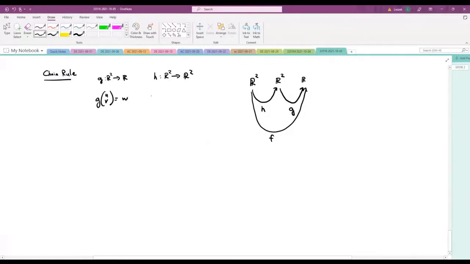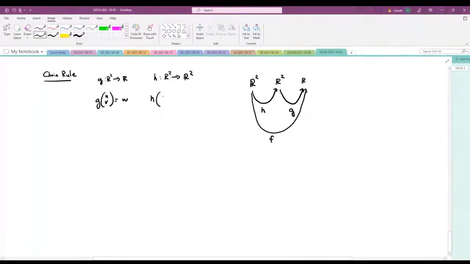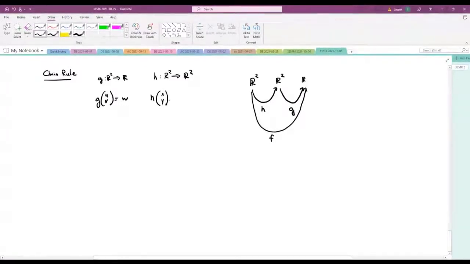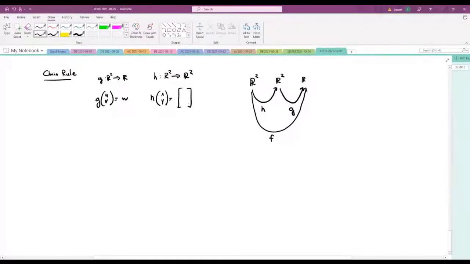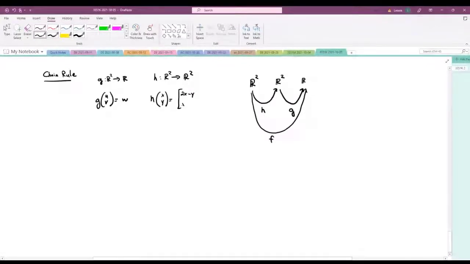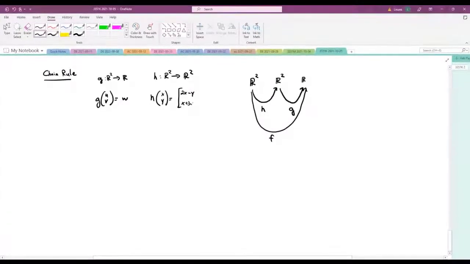Now H, we might make it specific. So H is going to be a function of, let's say, variables x and y, and then return two coordinates. And let's just keep it simple. So let's just say 2x minus y, x plus 3y.